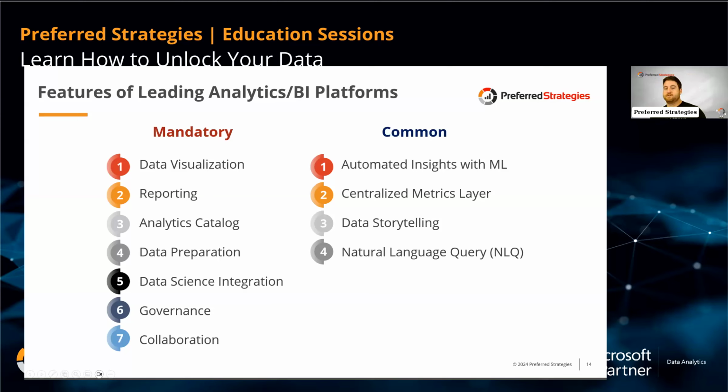Some other common features here include the ways that AI is being infused in the different layers of these applications, whether that's providing automated insights by looking at your data or doing natural language generation to create these data storytelling narratives.